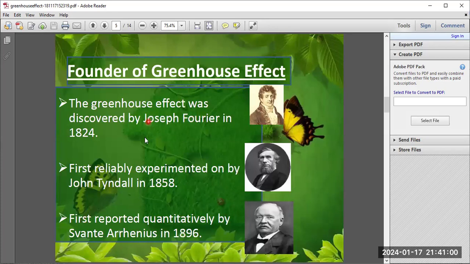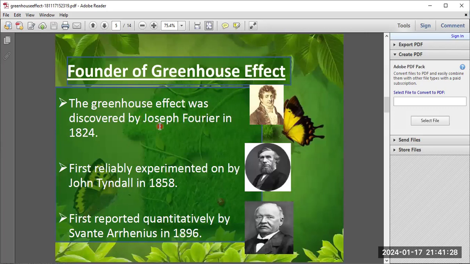The greenhouse effect was discovered by Joseph Fourier in 1824, the 24th year of the 19th century. It was first reliably experimented on by John Tyndall.